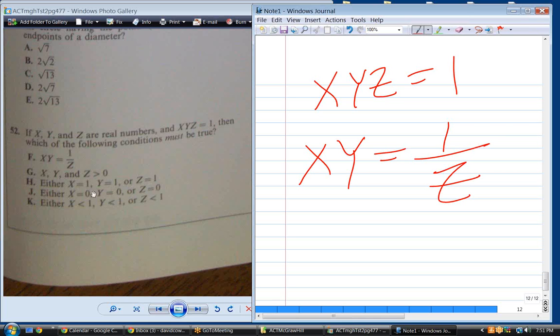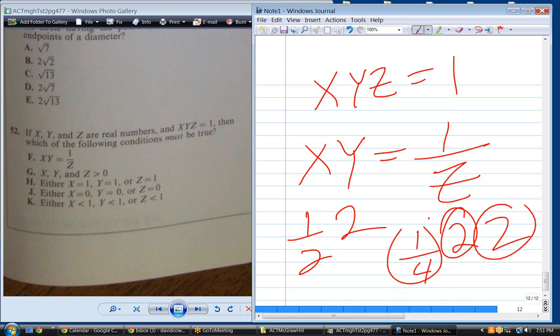So none of these have to be true, only because 1/2 times 2 is equal to 1. So I could do 1/4 times 2 times 2. That could be X, Y, and Z. But F, algebraically, is exactly the same as that as long as Z is not 0. And we know it isn't.